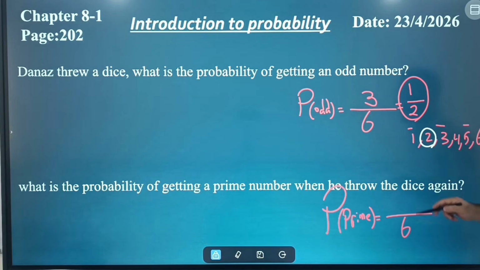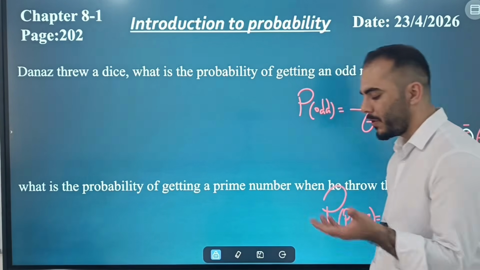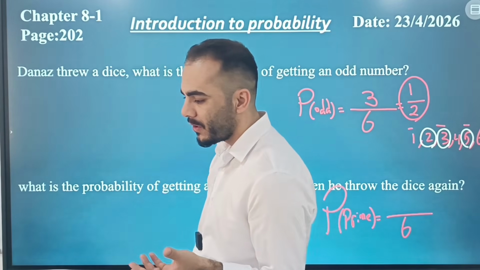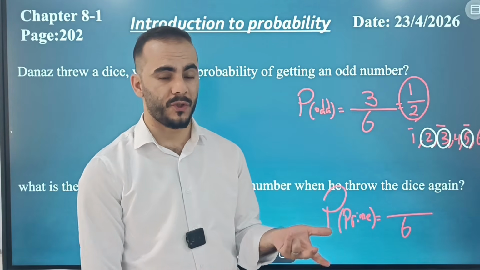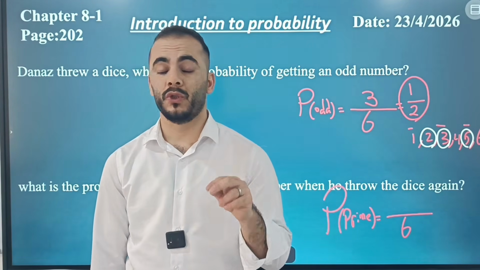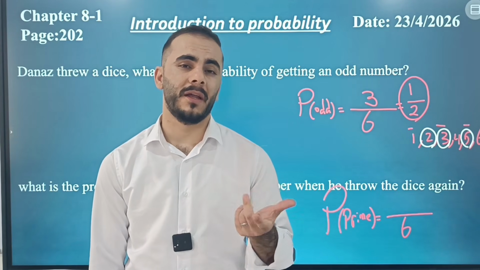Number 2 is the starting prime number, by the way, in the set of prime numbers. I hope that you know that. Number 3 is also a prime number. Number 5 is also a prime number. You might ask me, teacher, what is a prime number? A prime number is a number that has only 2 factors. It is divisible by only 2 numbers, 1 and itself.